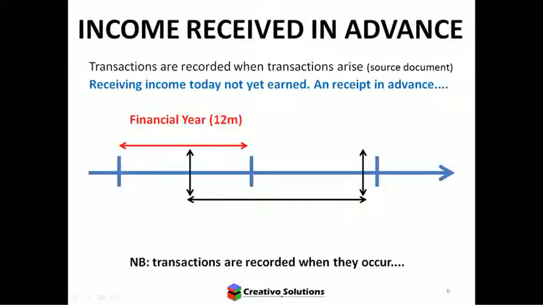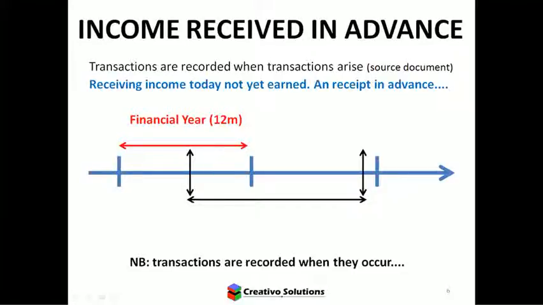If I have a receipt today, will I record a transaction? The answer is yes. Transactions are recorded when they occur. So if I'm looking at that particular moment in time, which is during the financial year, a transaction will arise. And if the transaction arises, I'll record the transaction in the books of the entity.